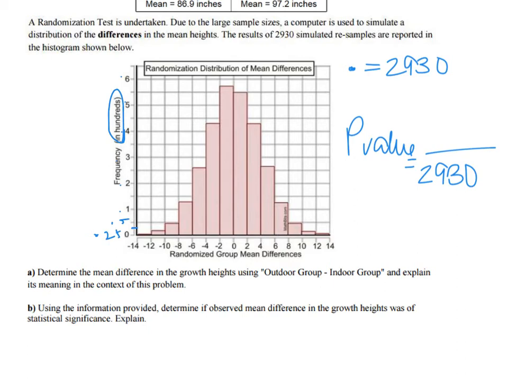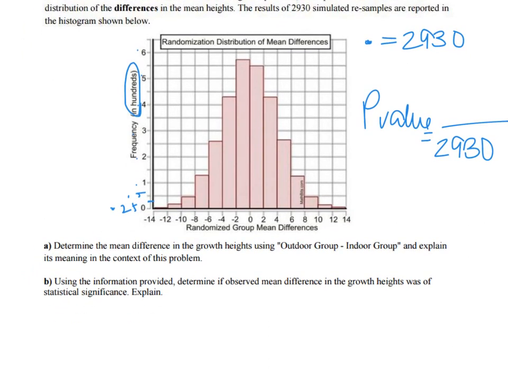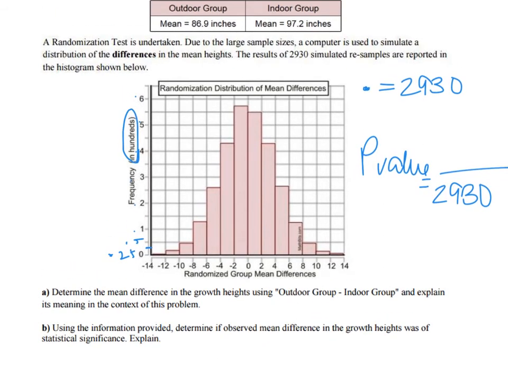So to determine the mean difference in the growth heights of outdoor minus indoor, all you got to do is take the numbers up there and subtract them. 86.9 minus 97.2 inches. We'll get a difference of negative 10 point, I think it's 3. Yep, negative 10.3 inches. So they say explain the meaning in context.